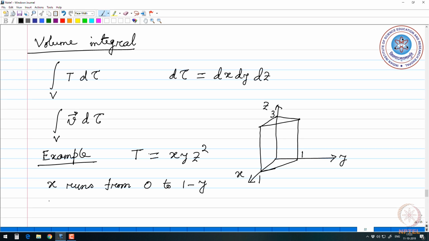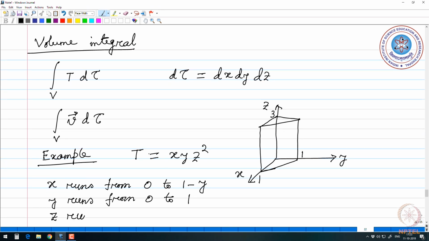Then we can set y running from 0 to 1, because we have already set x in terms of y, we can have y independent, and z is anyway independent in this volume.